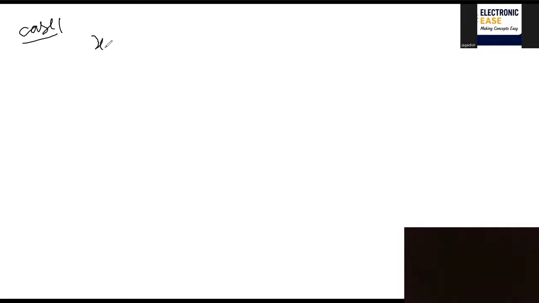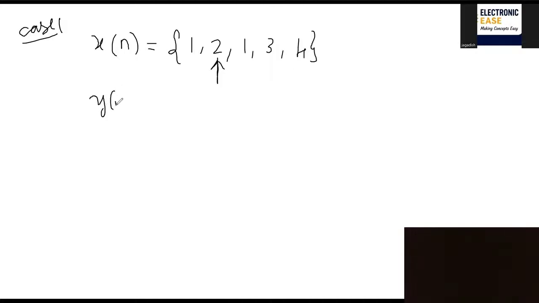I have x of n as 1, 2, 1, 3, 4, and I have plotted the signal here. y of n is 2, 3, 4, 2, 1.